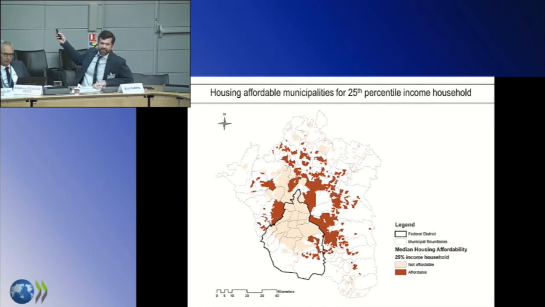Another way to look at this is taking a low-income household. So this is a metropolitan household earning the 25th percentile of income. So a fairly poor household, and looking just at housing, what areas are affordable. There's actually nothing in the federal district, or very little, that is affordable, and you have to go out into the periphery to find a housing unit that is affordable, an average neighborhood that is affordable.